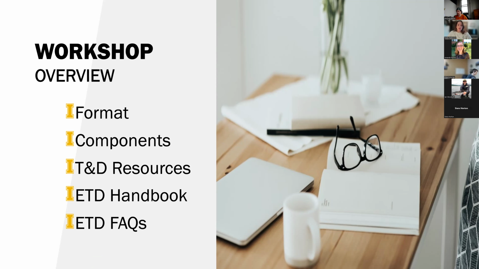But to start, for those of you who don't know, here is the order of the process. You work on your thesis or dissertation, and at some point you will defend your paper. After your defense is when the final approvals happen.